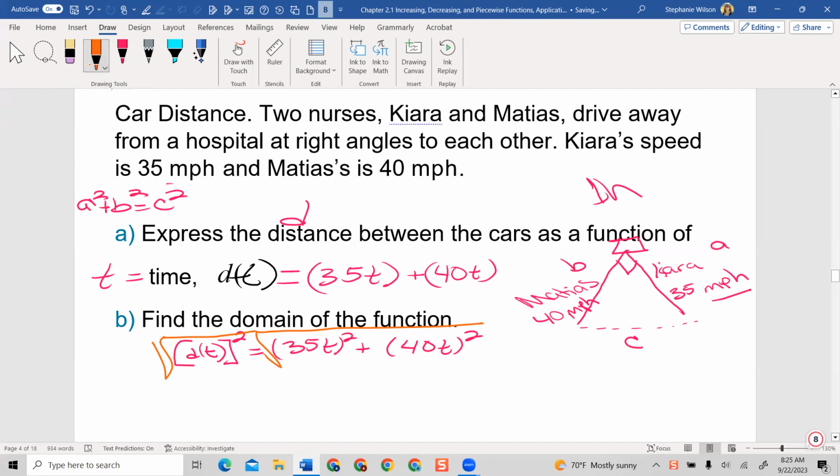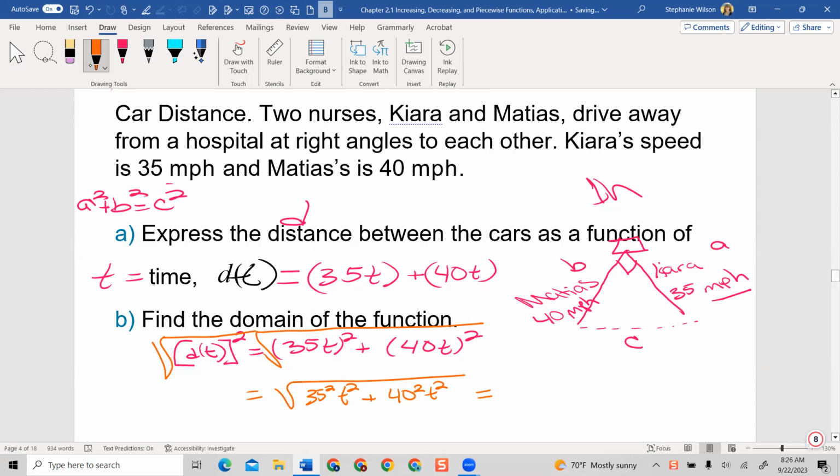So let's rewrite this. So now I got the square root of, and you could distribute this if you want to, 35 squared T squared plus 40 squared T squared. Now, we need to solve for these numbers, right? So if I solve for it, let's see, what do I get? 35 squared, which is the same as saying 35 times 35.